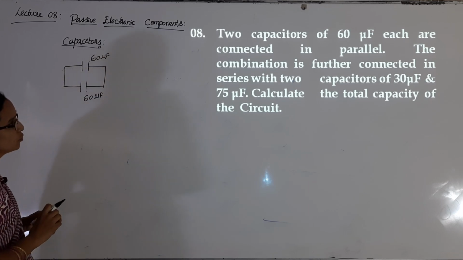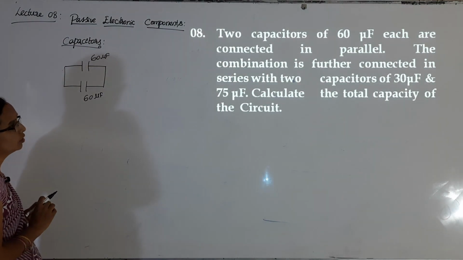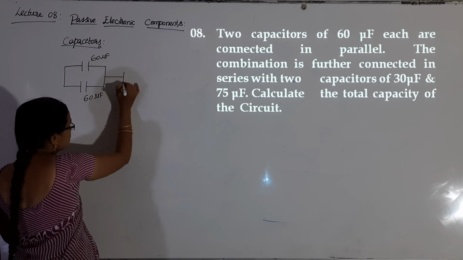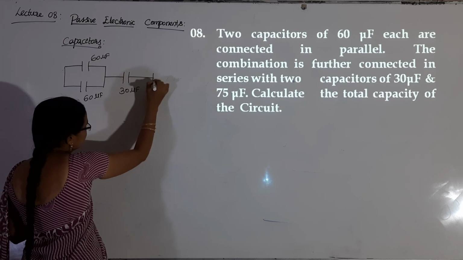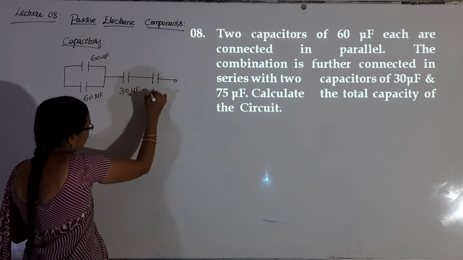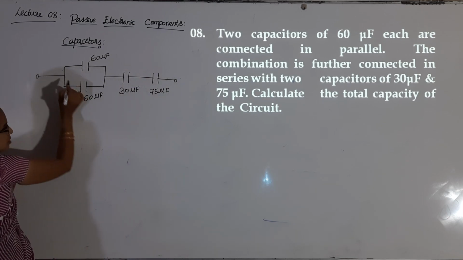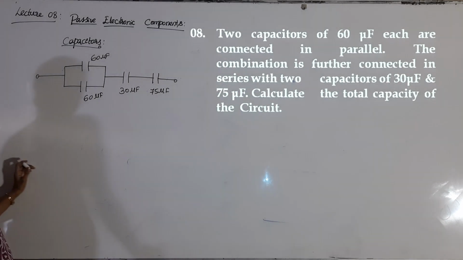The combination is further connected in series with 30 microfarad and 75 microfarad. Calculate the total capacitance of the circuit.